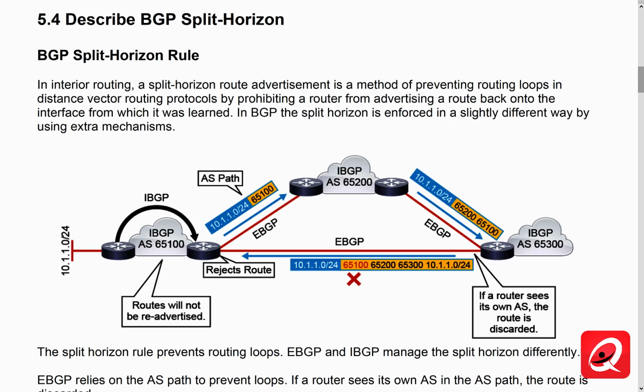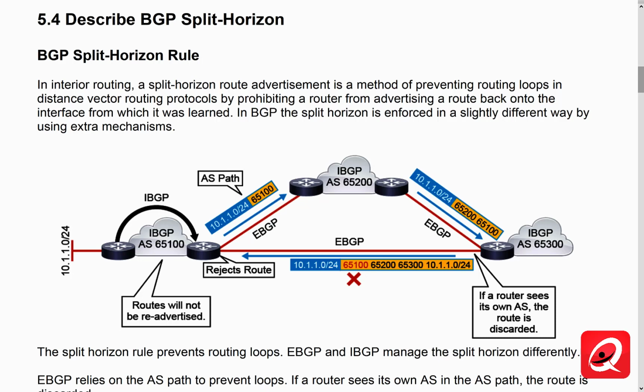Specifically, if a router encounters its own autonomous system in the AS path of a BGP update that it's receiving, it will basically just silently ignore that information. Because the AS path is modified by BGP speaking routers, but only on eBGP sessions, this loop avoidance mechanism or loop prevention mechanism is very useful when it comes to routing between autonomous systems, but it's not as useful when it comes to routing within the autonomous system.